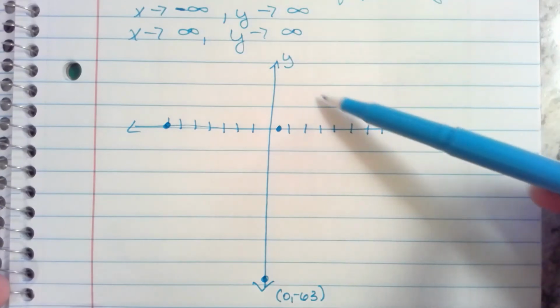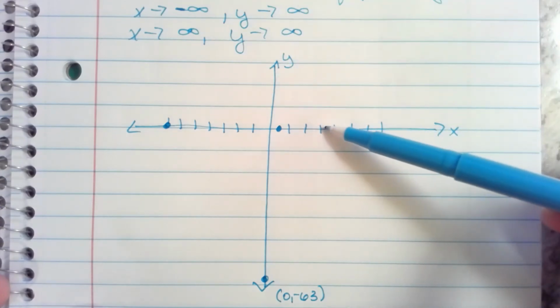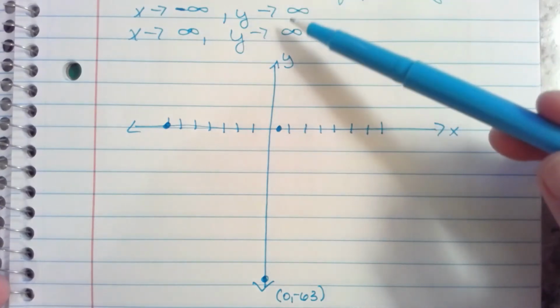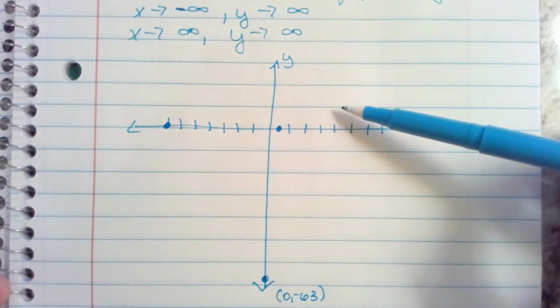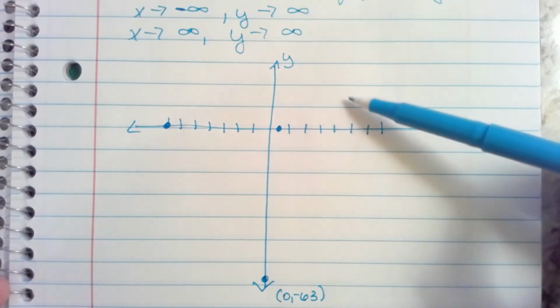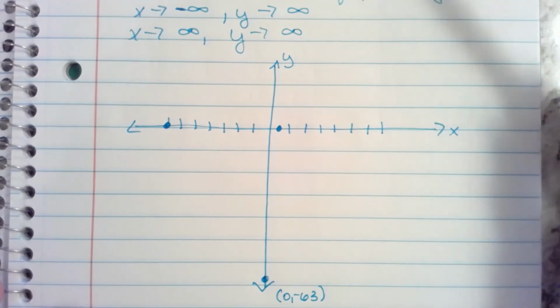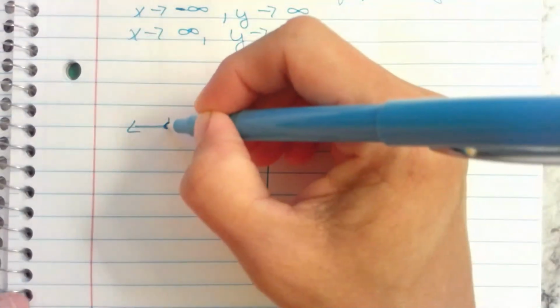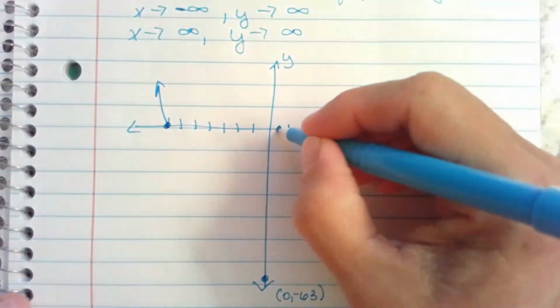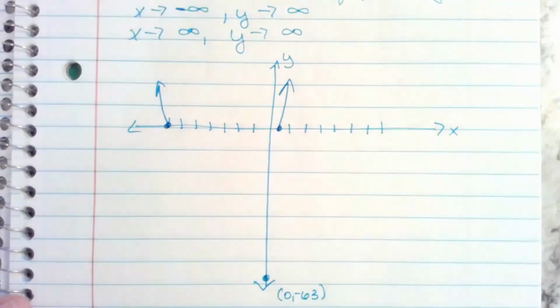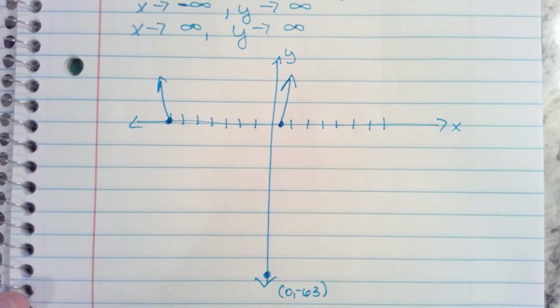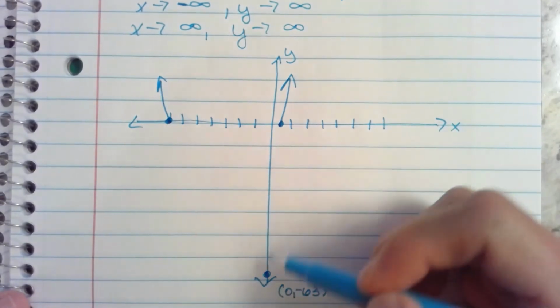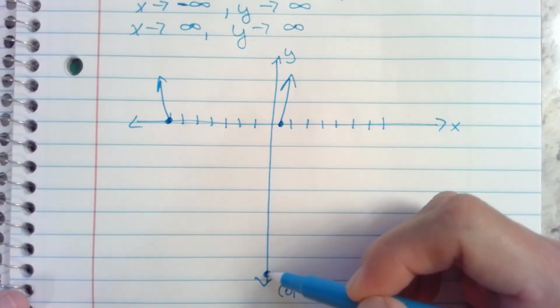When I say get close, I don't mean it's actually going to get close to the axis. I just mean it heads like it's going towards it. It's kind of like saying, haha, I'm not really going to make it. Like that, when you have an imaginary zero. Alright, so we know it's going to go up on the left and up on the right. We know that automatically. We know that it's crossing through this point.